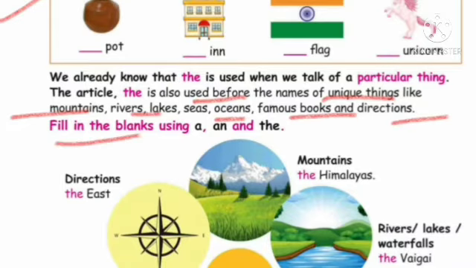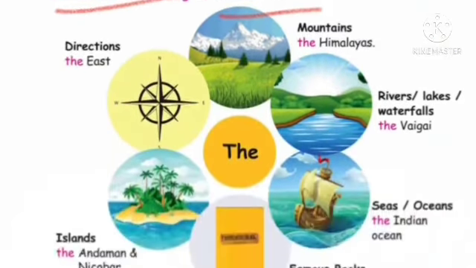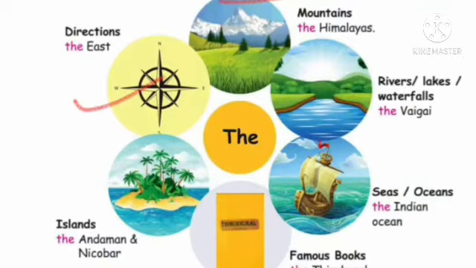So fill in the blanks using a and the. Okay. Now here, look over here. There is a direction. So we are using the south, the north, the east. Okay. And mountain, because Himalaya is a specific mountain. Okay, it's a unique thing. Only one Himalaya in this universe.